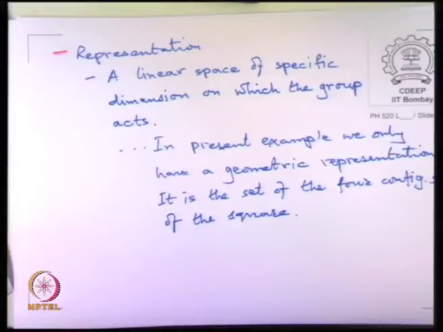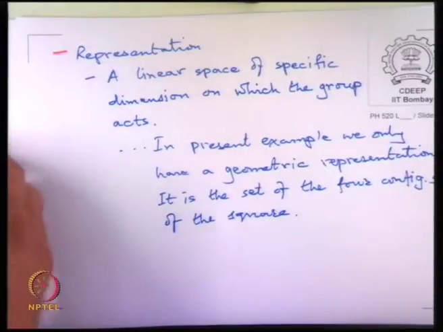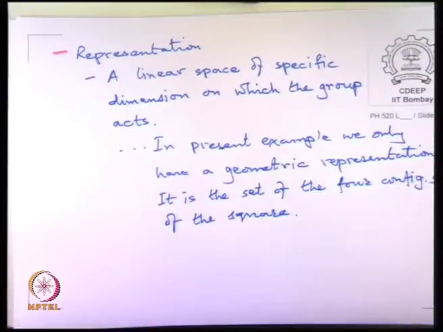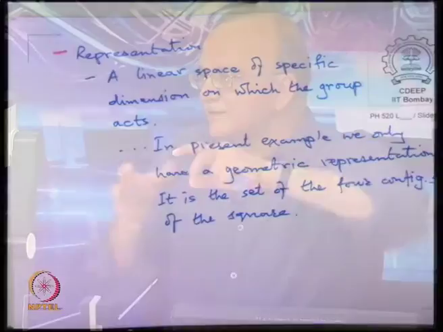I should just warn you that occasionally the way people use language, they mix up realization and representation because they are very close. Realization is the whole package, some space on which the group acts. So, that whole package is a concrete realization. Whereas representation is just the base space, the configurations of the base space that can be written more or less like a vector or a tensor, like a linear space.